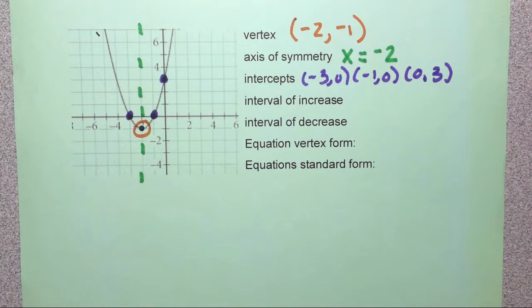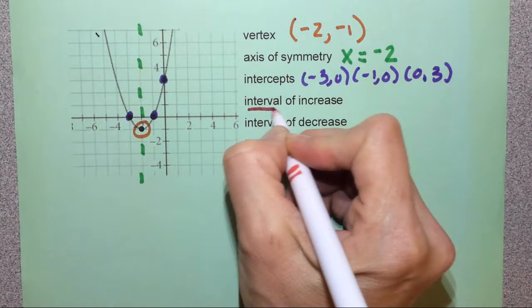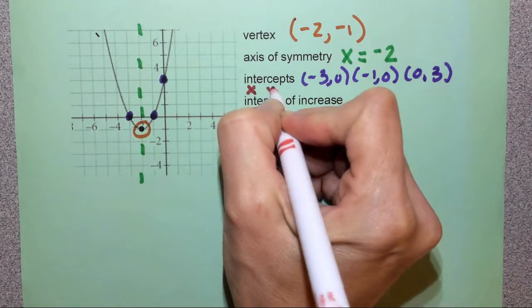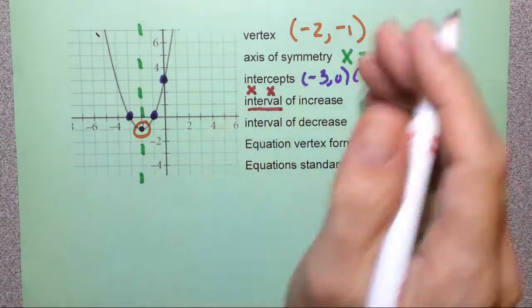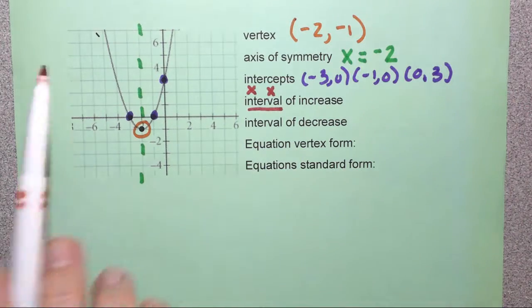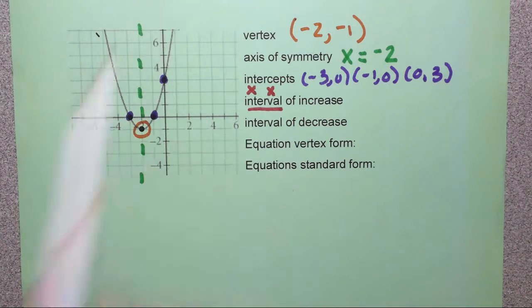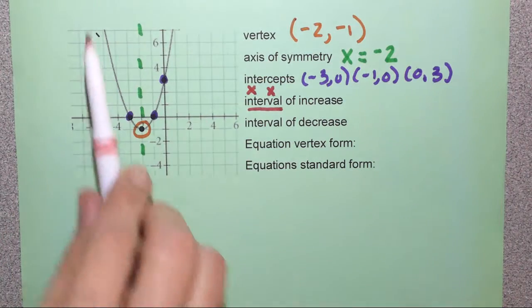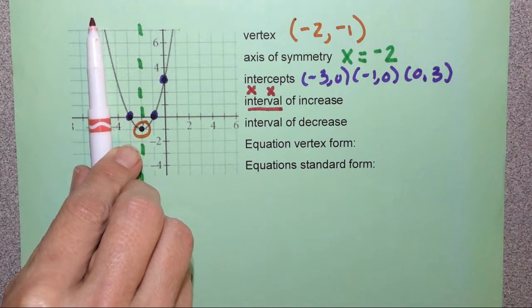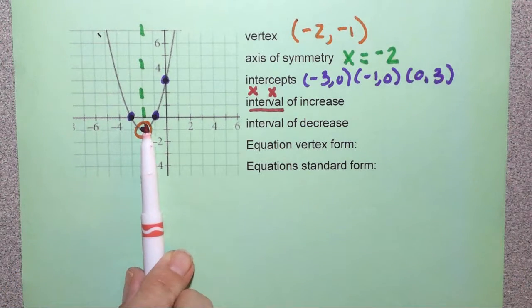When they ask you about the intervals of increase and decrease, we're going to remember that when they ask you about intervals, they're asking about the x's. So they want to know on this parabola, as I go from left to right, where does it increase? Well, I hope we can all agree if I start from left to right and I go to the vertex, I'm decreasing.